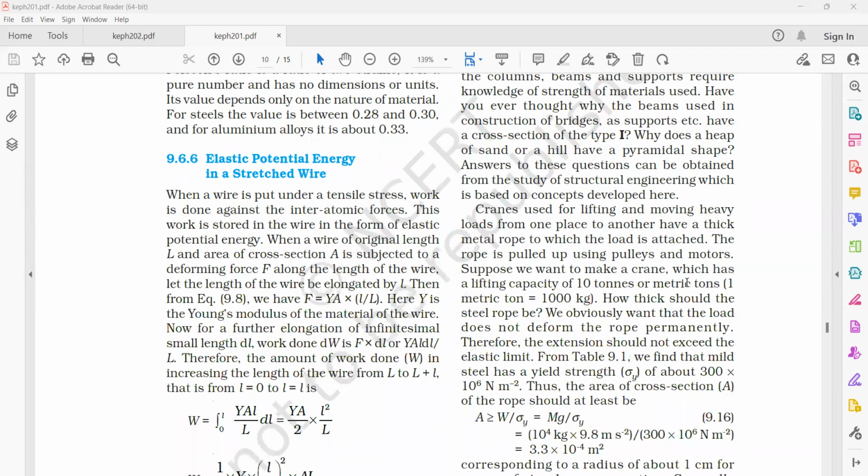So one small application we will take. I think you all know what a crane is. Generally, we use cranes to lift heavy loads, which is very difficult otherwise. Sometimes, whenever we are digging big mountains, for one person or ten persons to take a big rock of 10,000 kgs is very difficult.